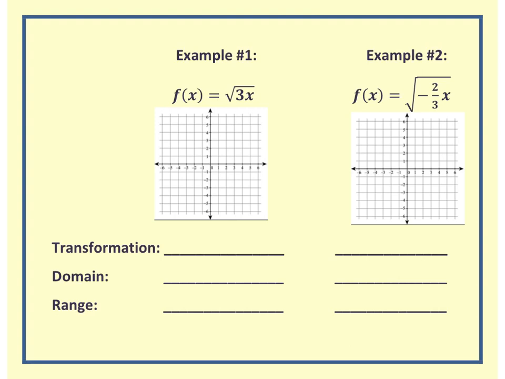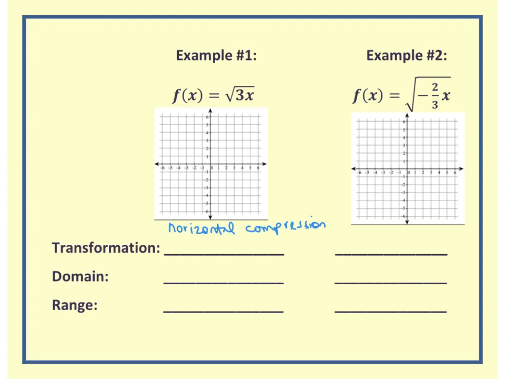The b value is going to be inside the radical in front of x, okay? So this causes a horizontal stretch or horizontal compression. Is it getting closer to the y-axis or further away from the axis? So my transformation is a horizontal compression by the reciprocal of 3.